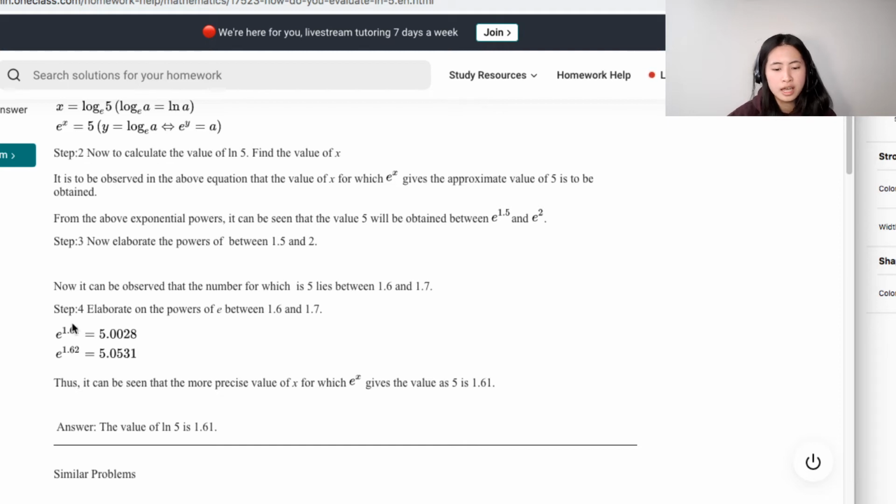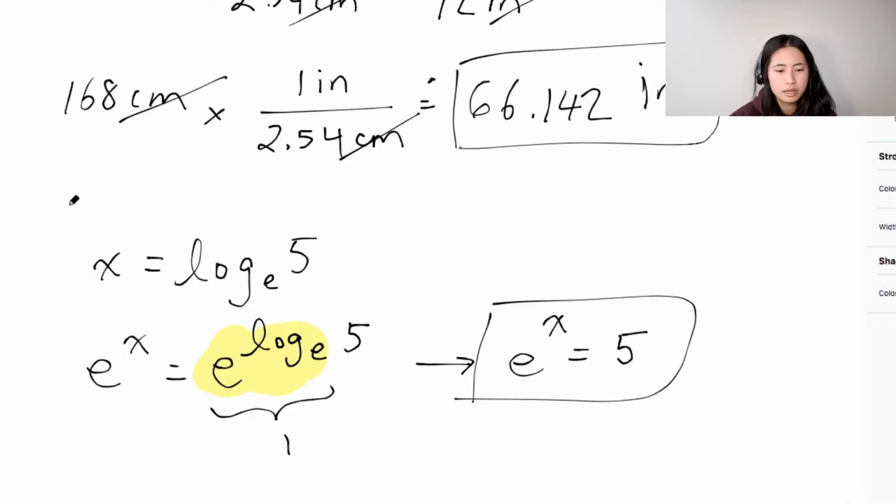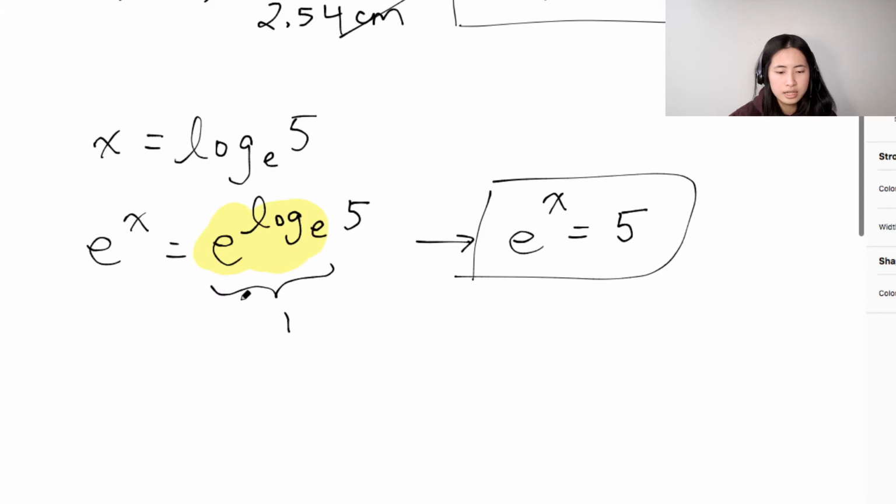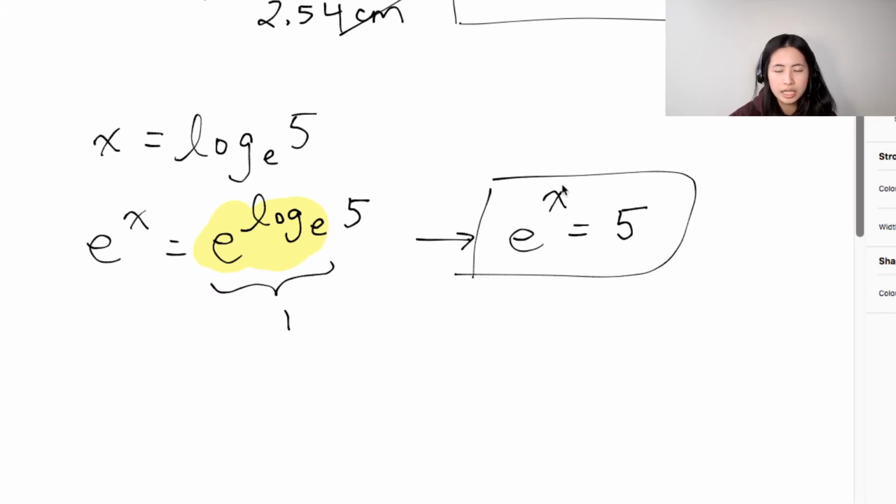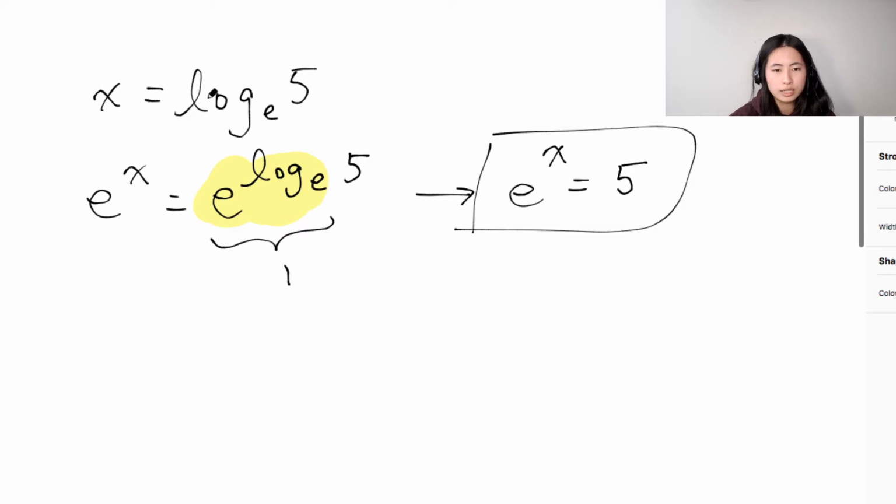Does that make sense? Because if you remember, how do you find, let's say, e^x is equal to 5? Well, we know that this is log base e. So recall your exponential function and your logarithmic function. If you have a^y, which is equal to x, this is your exponential function.